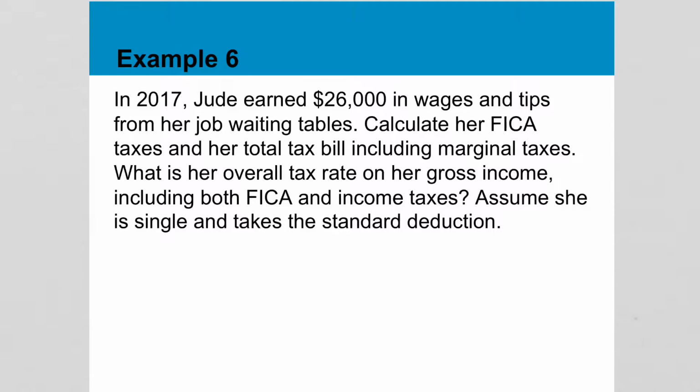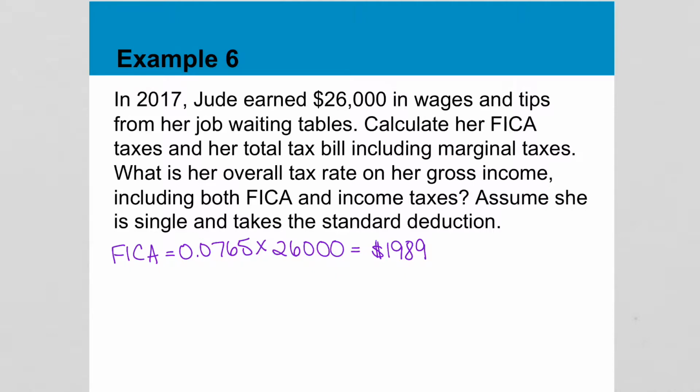So first off, her FICA is always the same for everybody, 7.65%. So 0.0765 of $26,000 is $1,989. So that's what went into Social Security and Medicare for her.